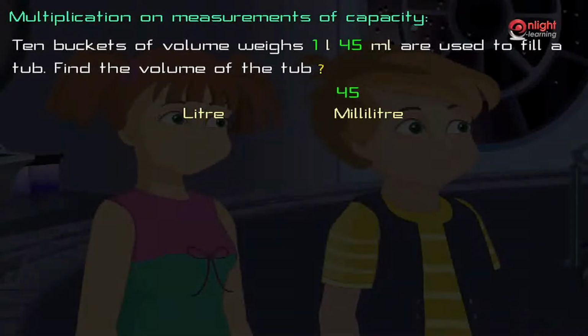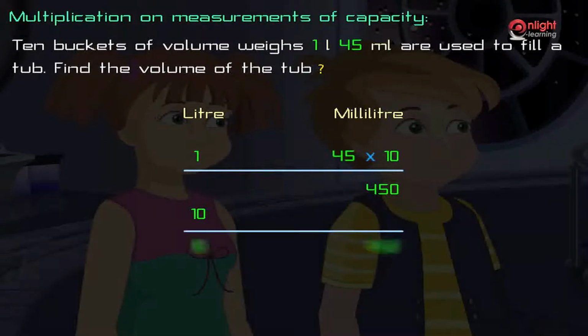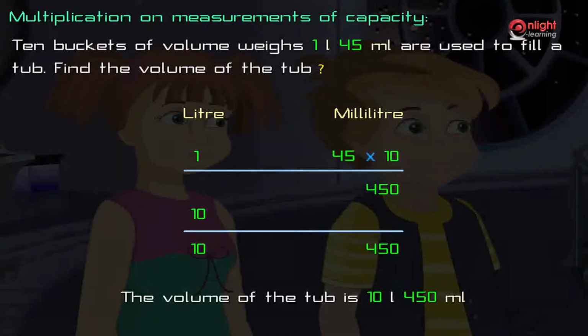Therefore, 45 lies in the milliliter column. Now, first 10 is multiplied to the milliliter column. 10 multiplied with 45 gives 450. We now multiply 10 with 1, which gives 10 liters. Hence, the volume of the tub is 10 liters 450 milliliters.